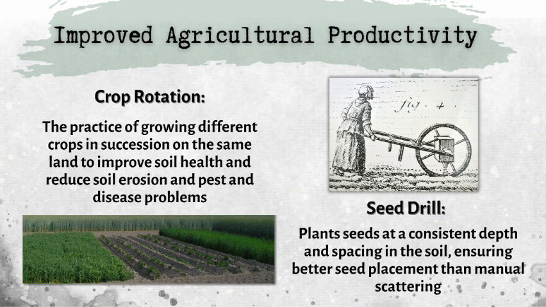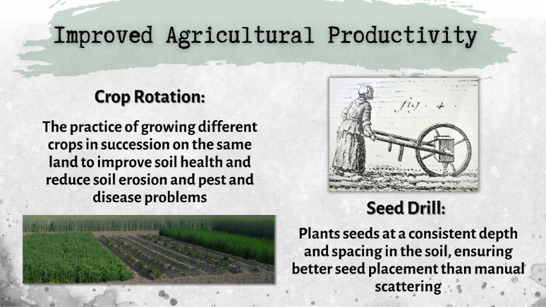By alternating different crops in succession on the same plot of land, farmers could both enrich the soil and break cycles of pests and diseases that were specific to certain crops. This practice ensured the soil retained its nutrients, preventing it from being exhausted from continuous planting of the same crop. As a result, yields increased and more land became viable for farming.